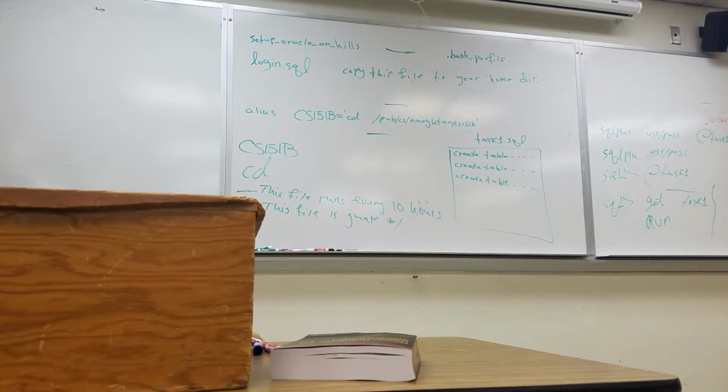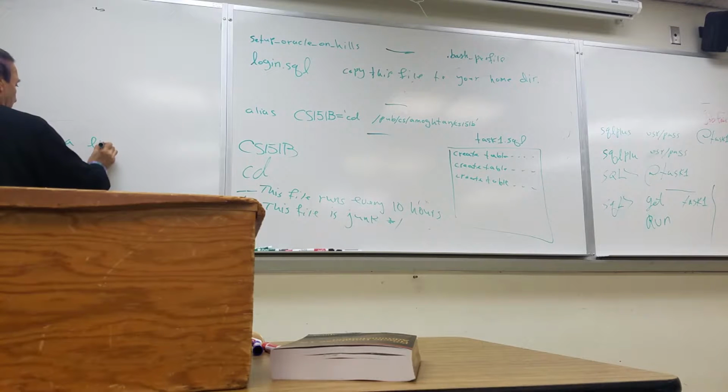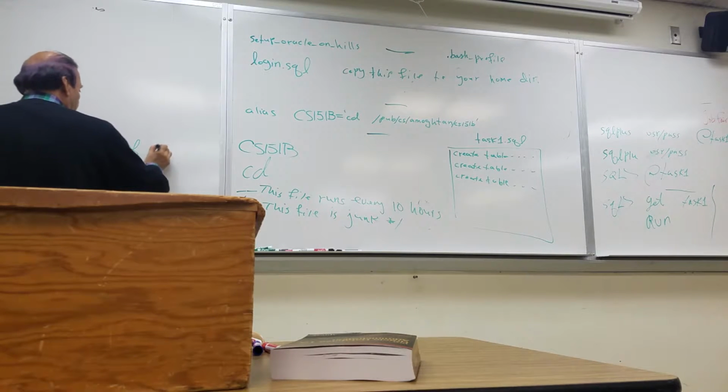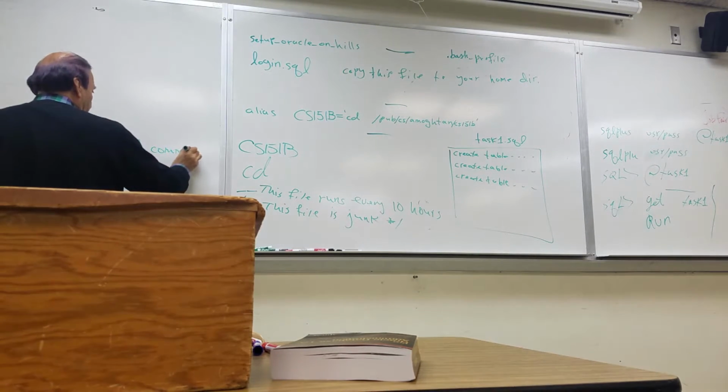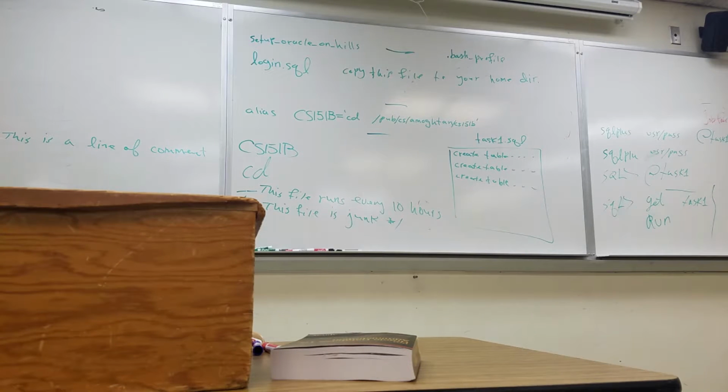Another way is you use remark. Remark followed by this is a line of comment. Normally remark is abbreviated to REM, the minimum number of characters, REM, but REM is remark, okay?